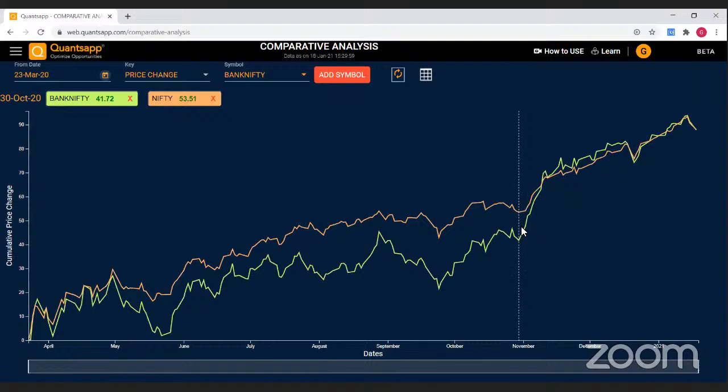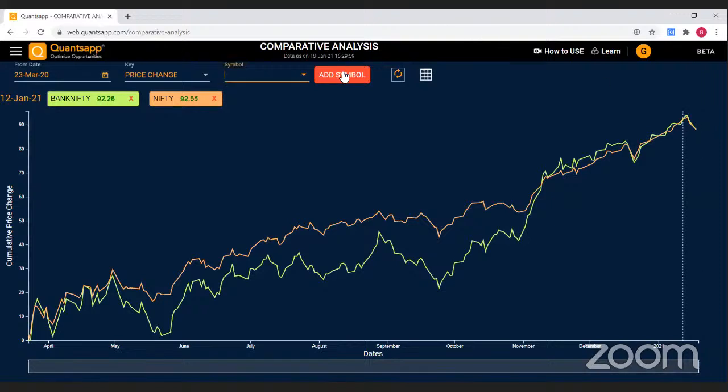But after October 2020, at this point, Bank Nifty has taken some pace and tried to catch up with the Nifty. And today you can see Nifty and Bank Nifty have almost the same level of return since the fall. So this is a point where you can see how much the indices have done.